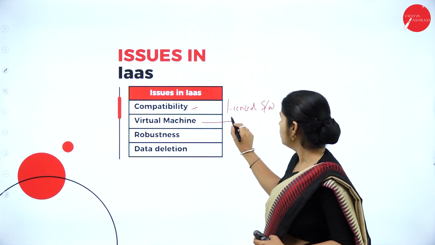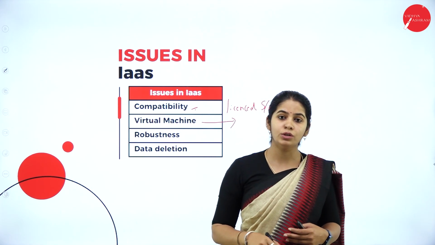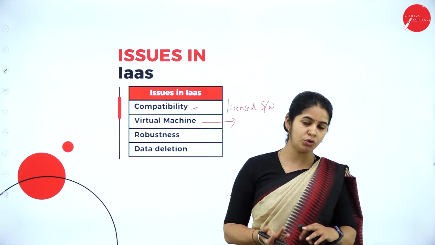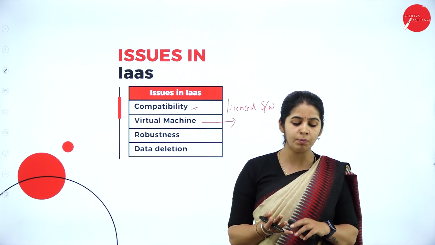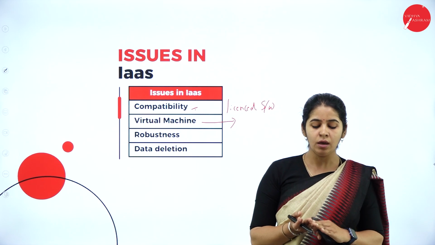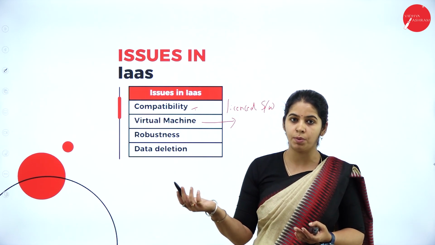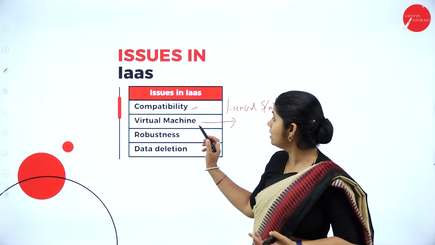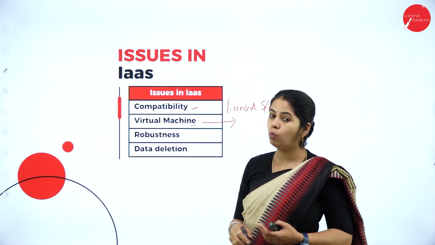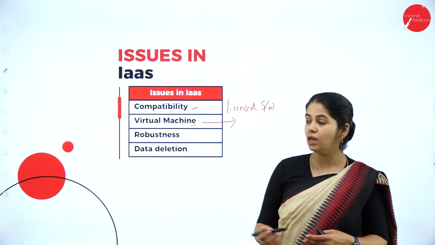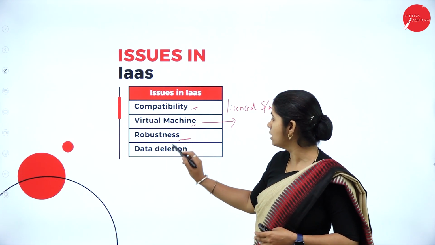Then virtual machine. What is the issue with the virtual machine? Creating the virtual machine is a big headache. Apart from that, there is a mismatch between the virtual machine and the cloud service provider. That is one of the major issues. Then robustness.